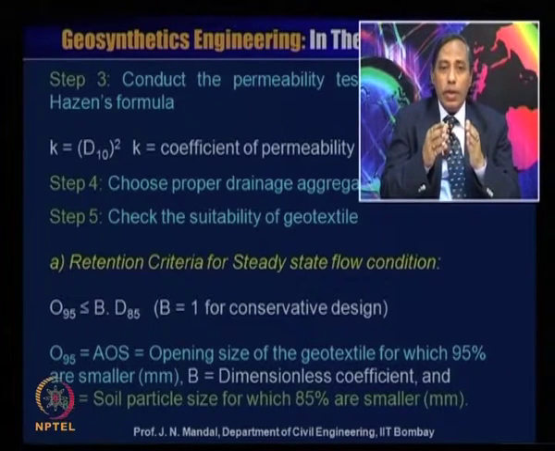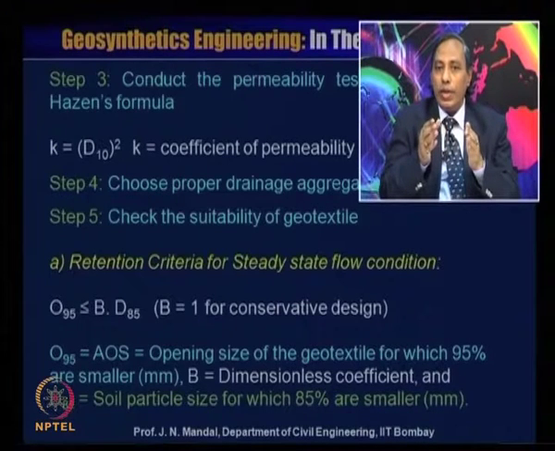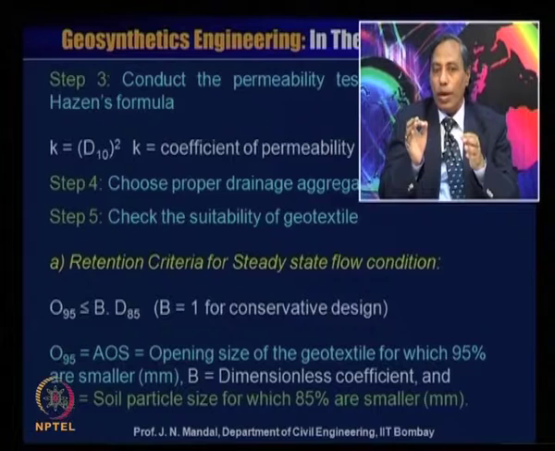Now, the retention criteria for steady state flow condition. For steady state flow condition, O95 should be less than or equal to B times D85, where B is equal to 1 for conservative design, and O95 is very, very important to us.